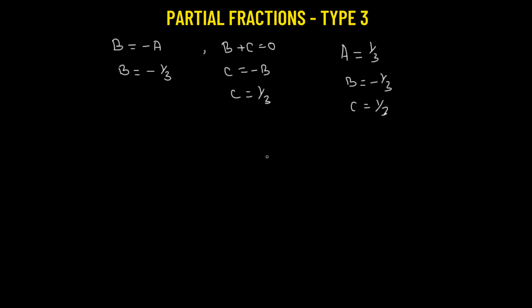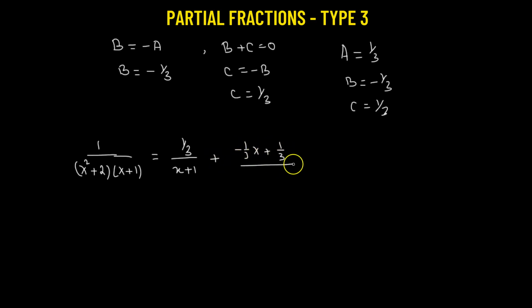So we should now get 1 over (x squared plus 2) multiplied by (x plus 1) equals, so we have chosen A over x plus 1. The A value is 1/3, so we have 1/3 over x plus 1, plus (Bx plus C) over x squared plus 2, which is (-1/3 x plus 1/3) divided by x squared plus 2.